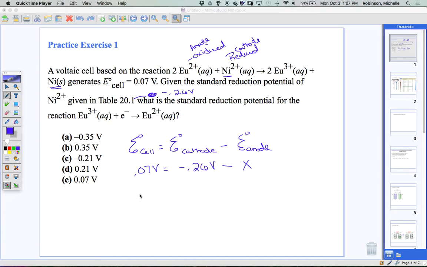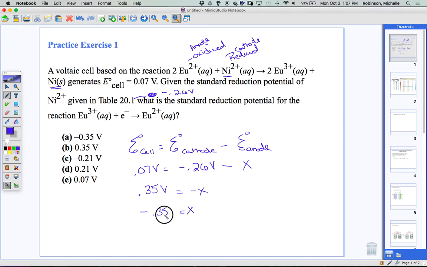So X must be 0.33, oh, 0.35. Whoops. When we add it, doesn't that equal negative X? Is it 0.33? I was like, okay, so it must be closest to which one?